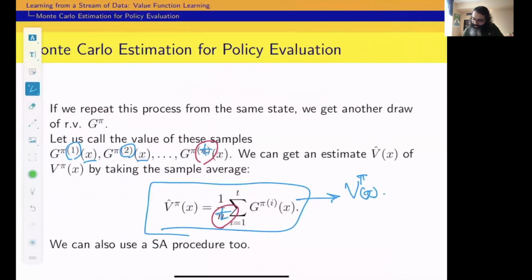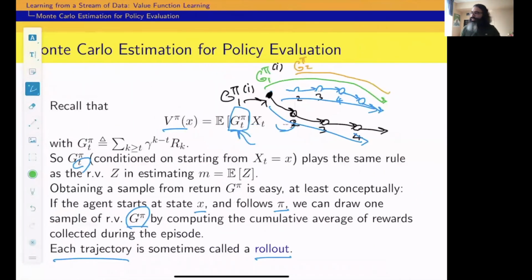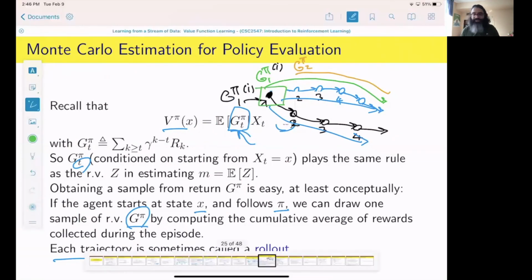So in the previous slide, essentially what we are doing in this procedure is only updating the value at the beginning of the episode. But then we also have the value for, say, the orange one. We also have the value at the second time step. And we also have the value of the third time step by just counting the reward that we get from the second time step to the end of the episode.